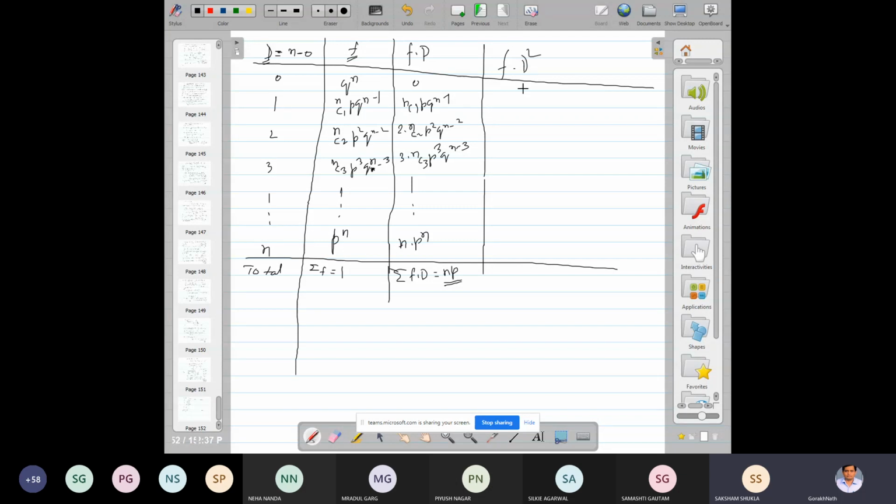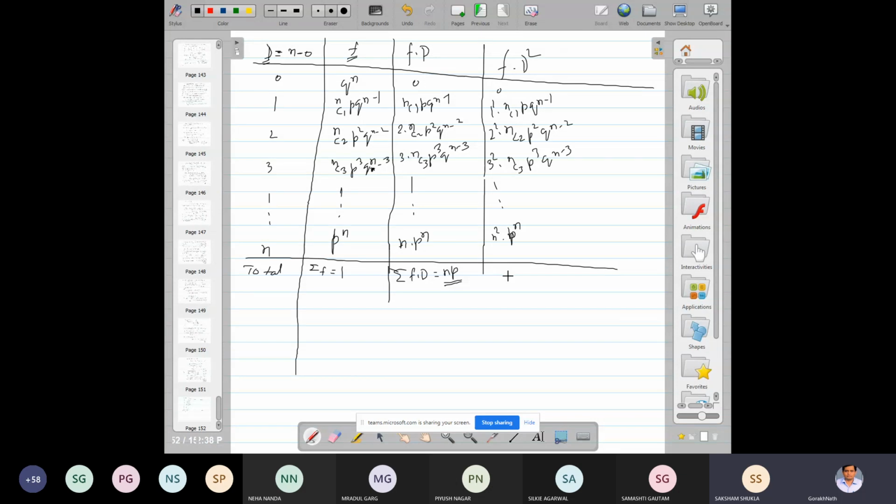So it will be 0, and 1 square into nC1 p q to the power n minus 1, and 2 square nC2 p square q to the power n minus 2, and 3 square nC3 p cube q to the power n minus 3 and so on, n square into p to the power n.